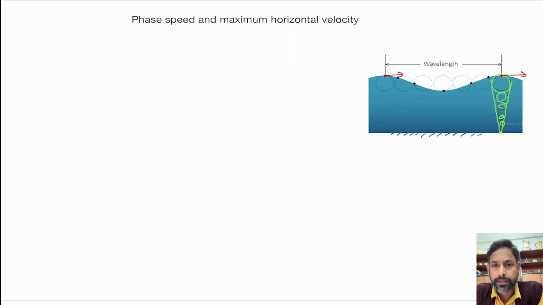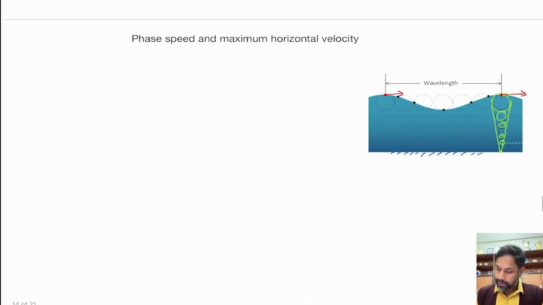Neither horizontal velocity nor vertical velocity, depending on the depth of the water layer. So there are two sort of functions happening here. One is the circulatory motion of the wave, which is happening at the top, and the water velocity we get at the top slowly decreases as we go down.